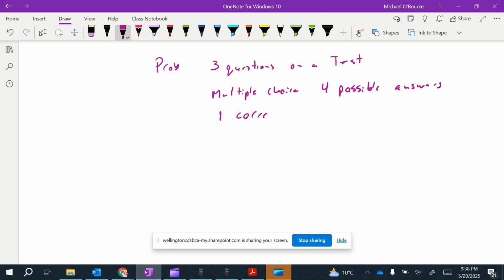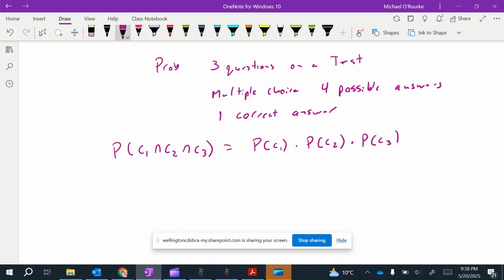So what's the probability I get all 3 correct? That'd be the probability of getting correct 1 and correct 2 and correct 3. That would be the probability of correct 1 times the probability of correct 2 times the probability of correct 3.